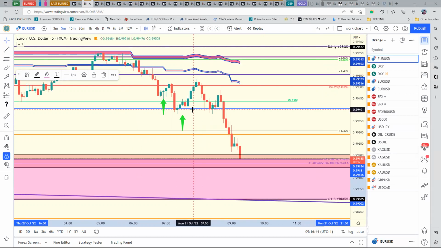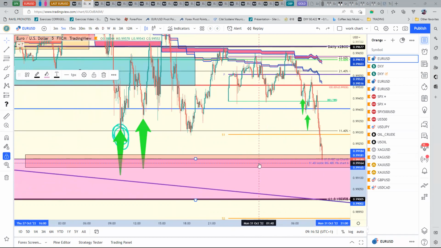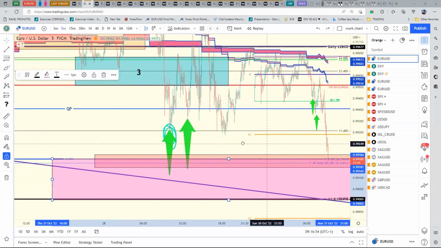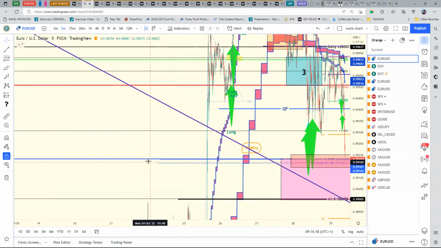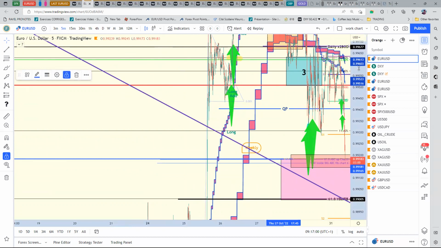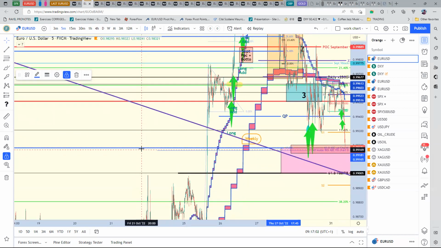So it means, due to the fact that we broke the London plus 5 minutes, we are now looking a little bit lower. So either we stop on the top of this rectangle here, or we go lower. You see here we have another very important 61.8 fib, and that's the one I want to look at now.